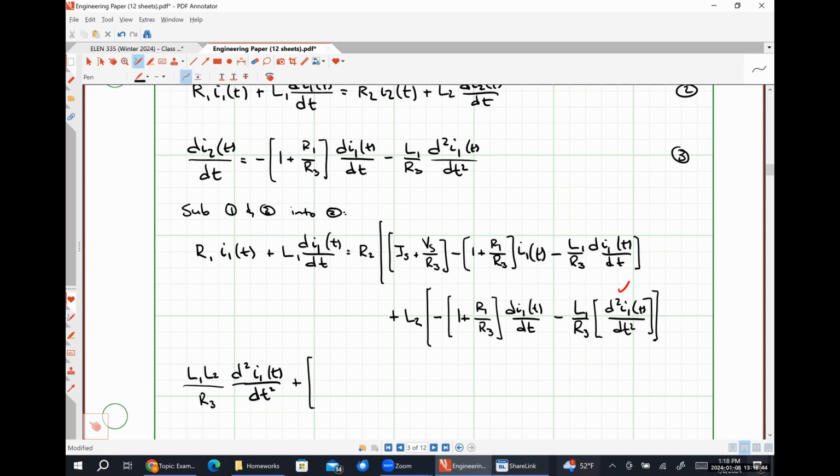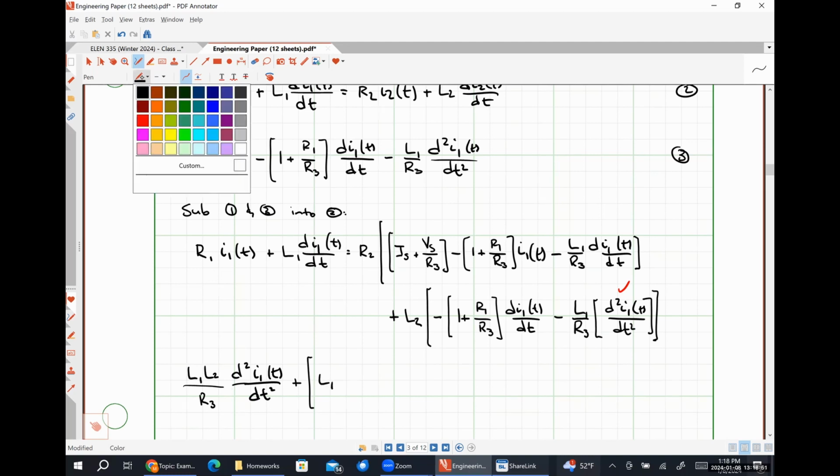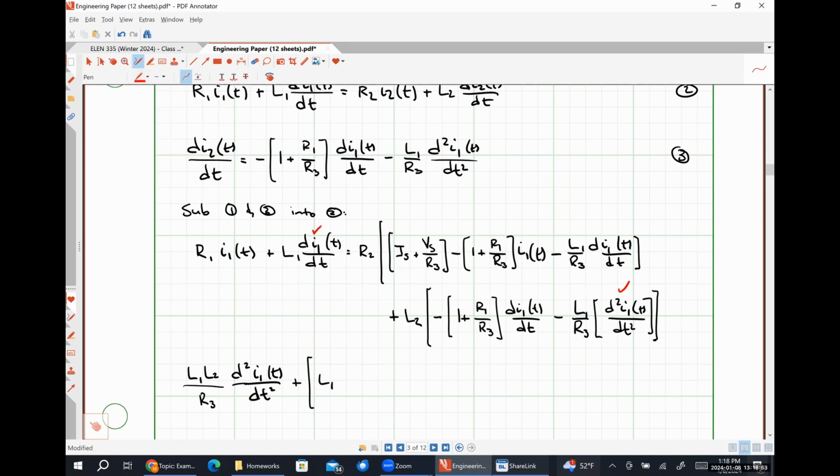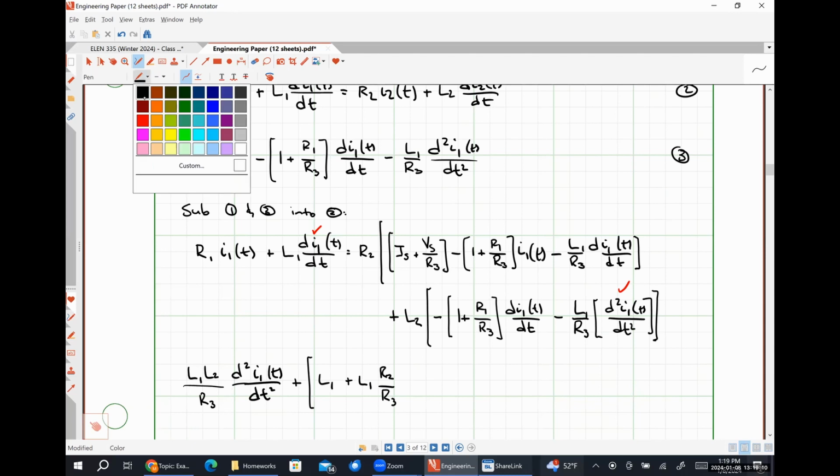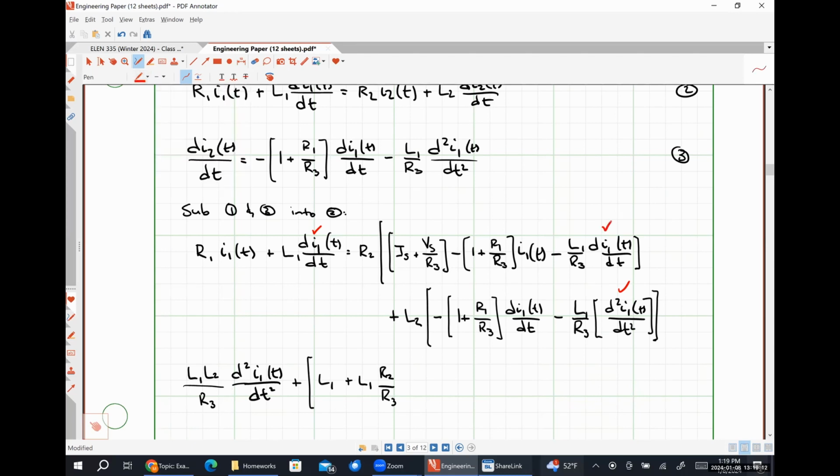Now I'm going to have my first derivative terms. So from this guy right here, I have an L1 times R2 over R3, right? This R2 is being multiplied by that fraction.